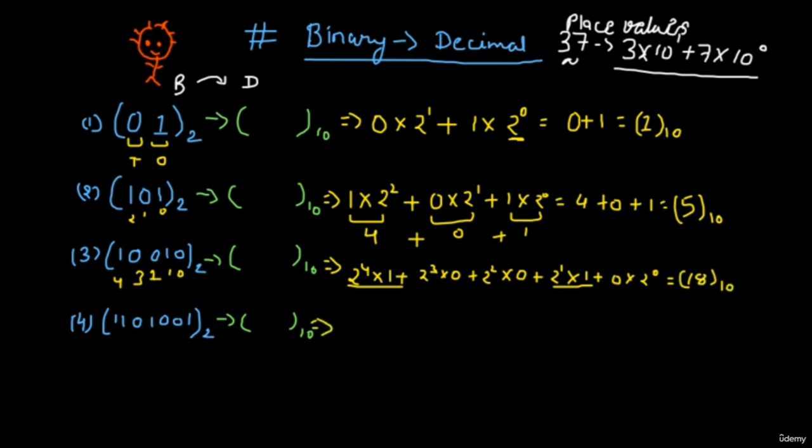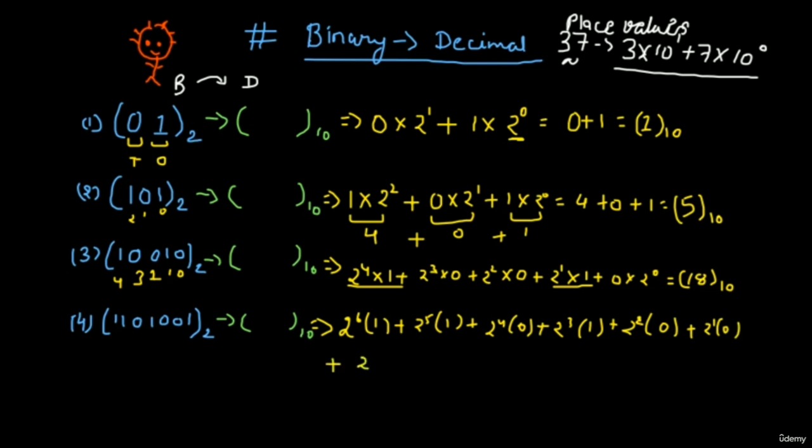That is going to be starting with 2 to the power 6 multiply 1 plus 2 to the power 5 multiply 1 plus 2 to the power 4 multiply 0 plus 2 to the power 3 multiply 1 plus 2 to the power 2 multiply 0, 2 to the power 1 is 0 again, plus 2 to the power 0, and this is the final one.